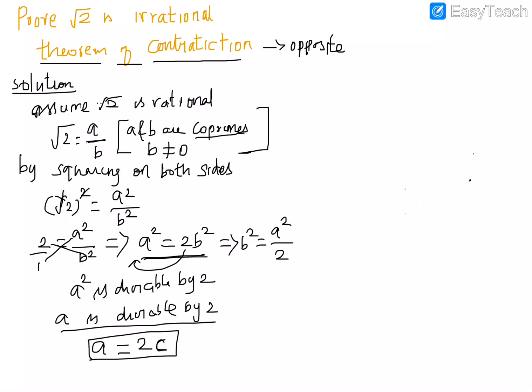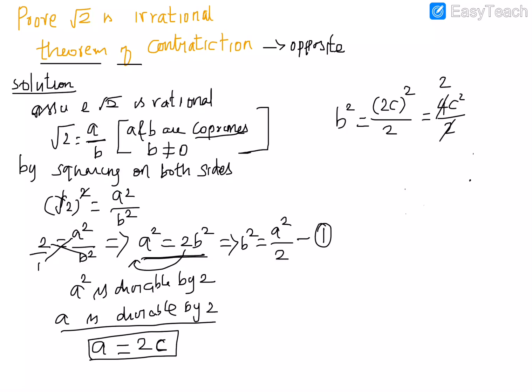So in the next step, I substitute the value of a in the equation. So in this equation, a square equals 2b square, I get 4c square equals 2b square, right? So further I simplify 4c square by 2. 4 by 2 is 2.